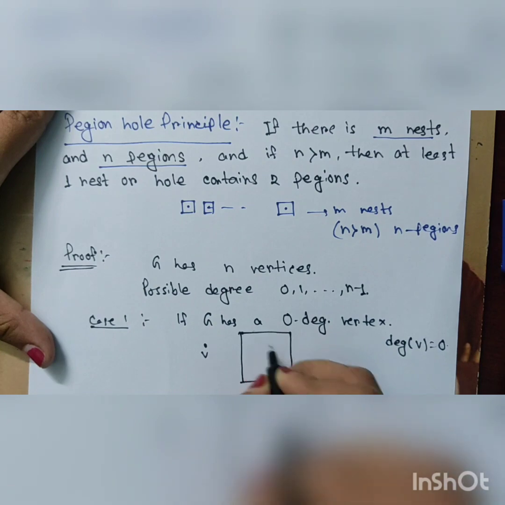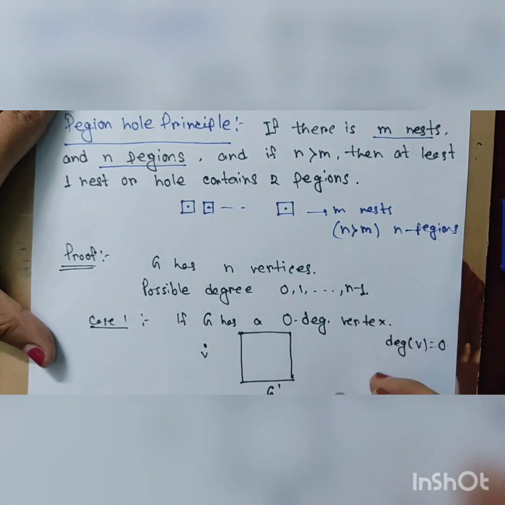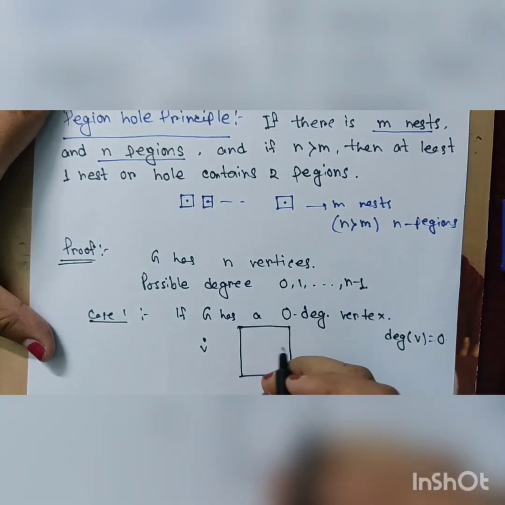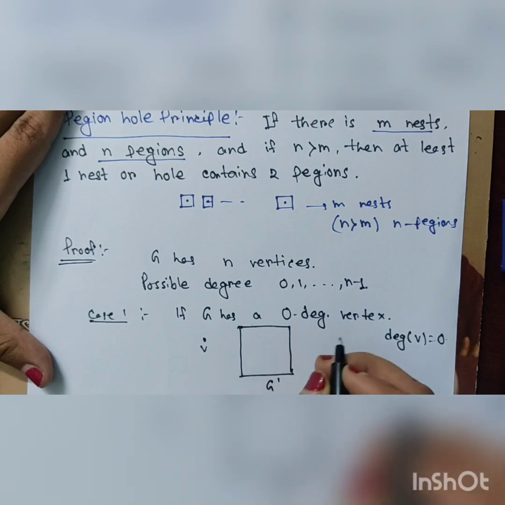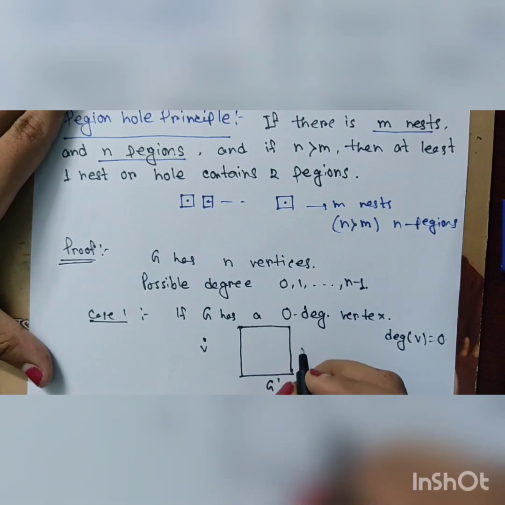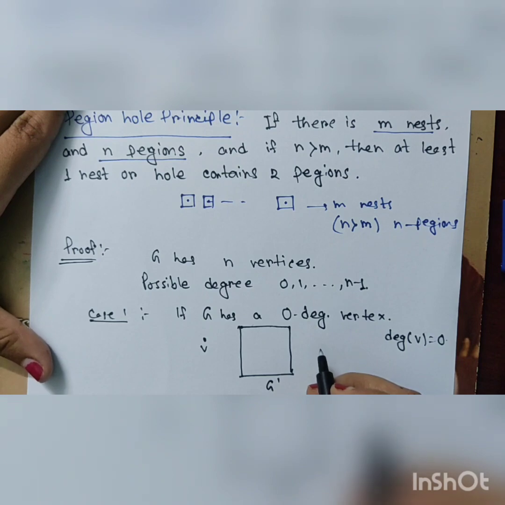Now except V, this graph is of order n minus 1, and so any vertex here will have degree at most n minus 2. We have already seen in the previous proposition that any vertex in a graph with n vertices has degree at most n minus 1.